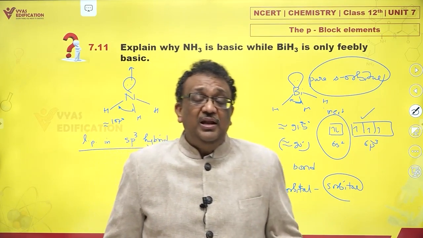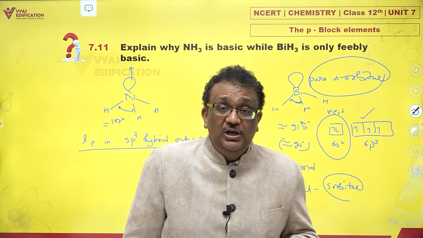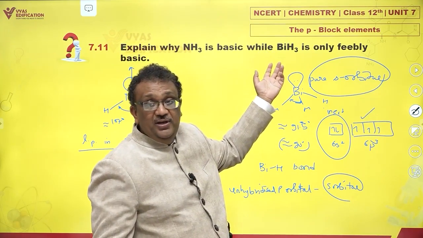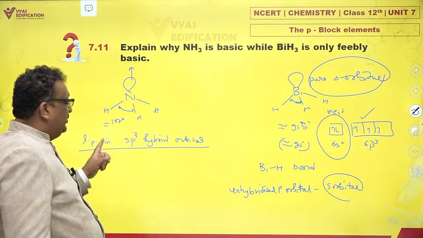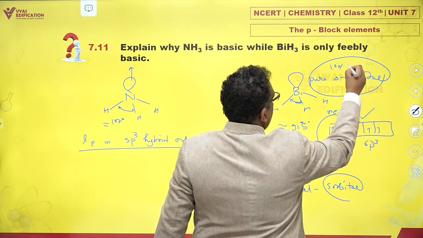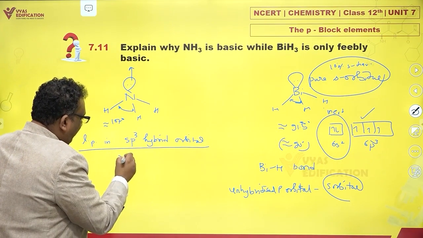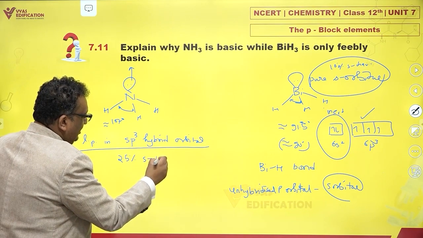If a lone pair lies in an s orbital, it is strongly attracted by the nucleus and it is difficult to donate. If the lone pair lies in sp3, now this has 100% s character, and this has only 25% s character.